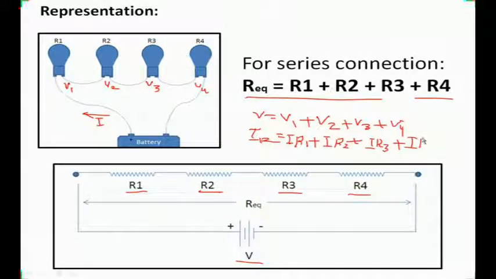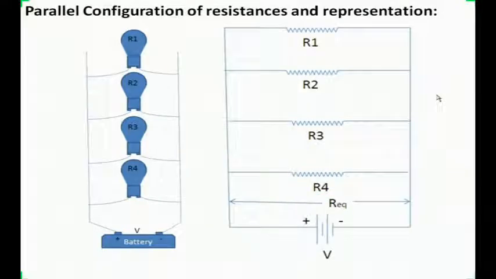V3 will be equal to I into R3, and V4 will be equal to I into R4. Okay, so this I cancels out from everywhere, and from here comes the equation of equivalent resistance, which is R equivalent is equal to R1 plus R2 plus R3 plus R4. Okay, so this is the derivation.